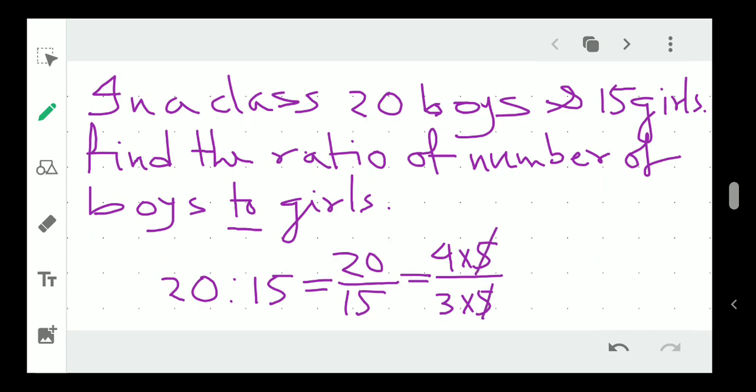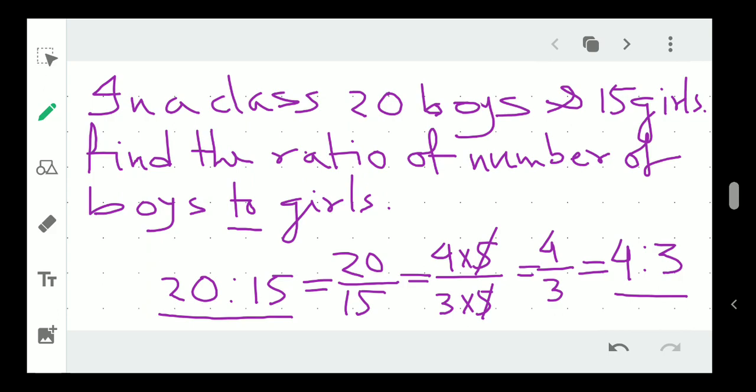So 5 is gone, so this is 4 by 3, so I can write 4 is to 3. The denominator always goes to the right hand side. So 20 is to 15 is reduced to 4 is to 3. Both are the same thing. That means if 3 girls are there, there will be 4 boys.